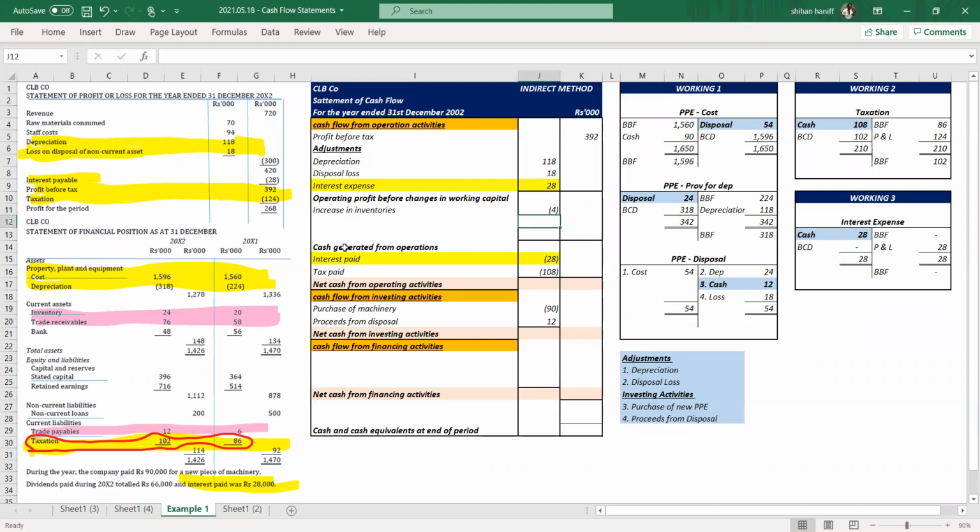If the inventory increases, cash will decrease. Asset, negative relationship. Trade receivables, what happened? It is also increased. Increase in trade receivables, 18. Then the trade payables also increased. That is plus.